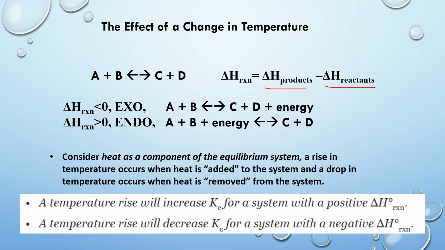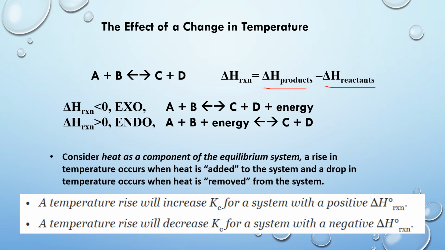So we write energy or heat on the same side as the products. If you have a delta H greater than 0, that reaction is an endothermic reaction, meaning that energy is required for the reactant to react into products. So we write down the energy on the same side as the reactant.